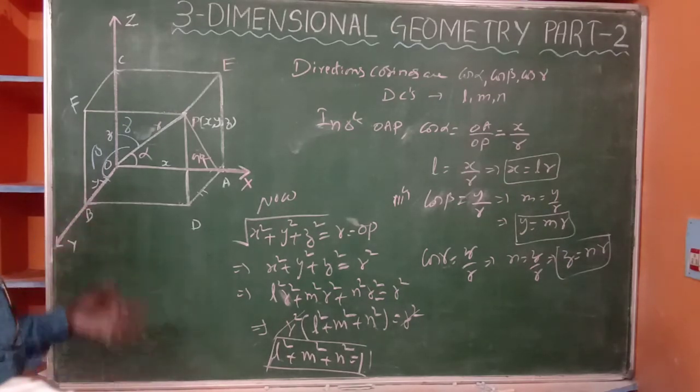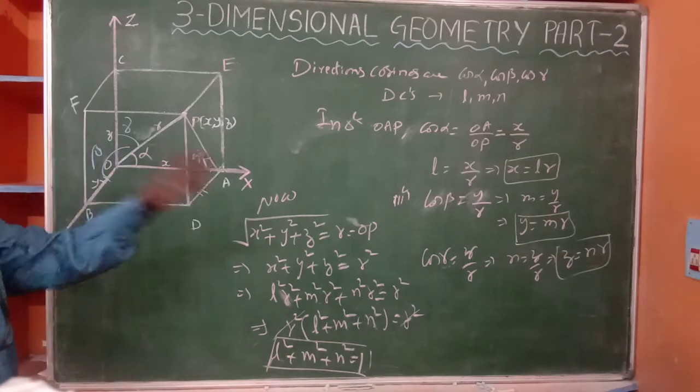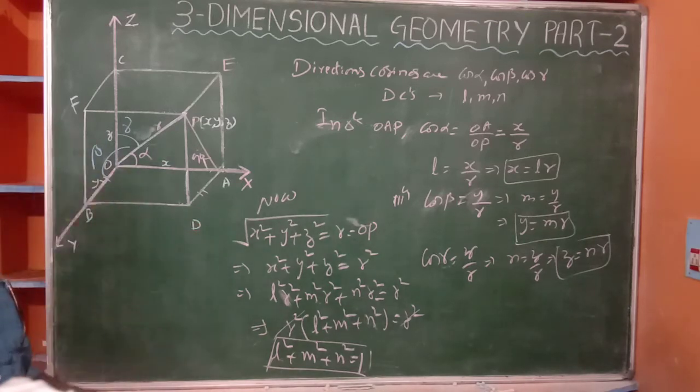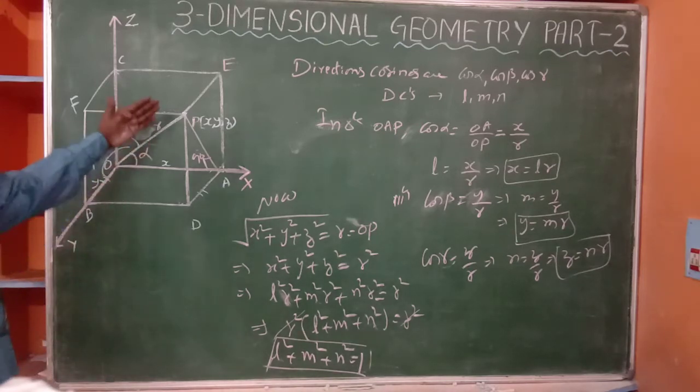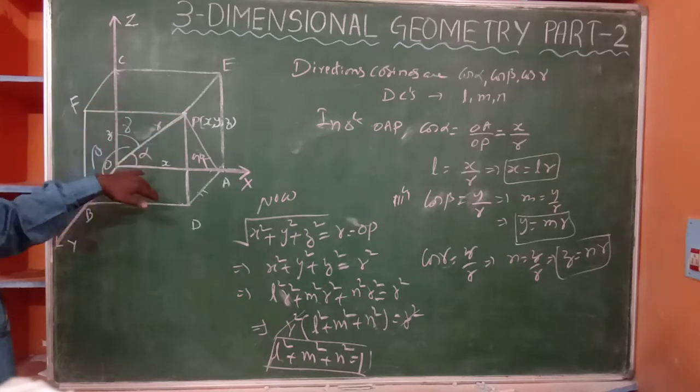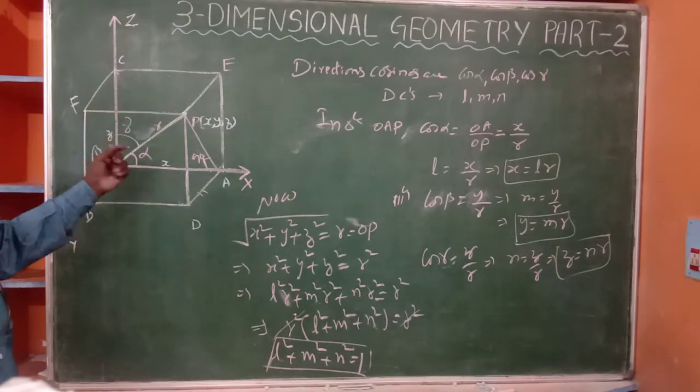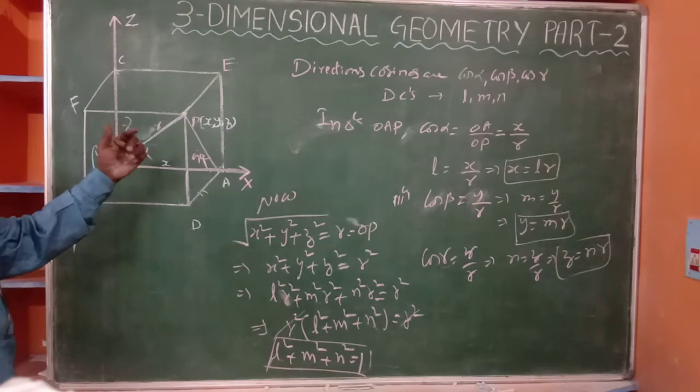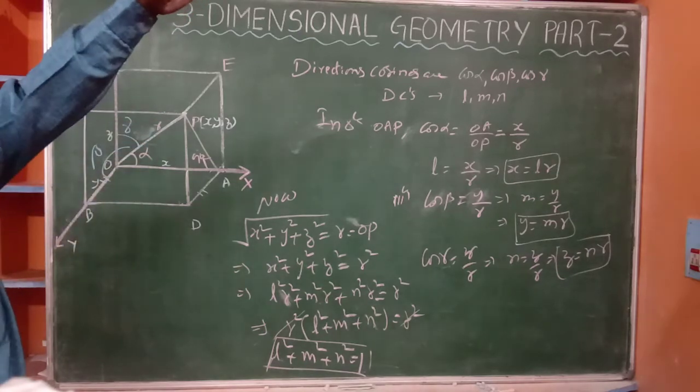The sum of squares of the DCs of any line, not only OP or OQ or OR, whatever it may be. A line in space makes some angles with the axes.